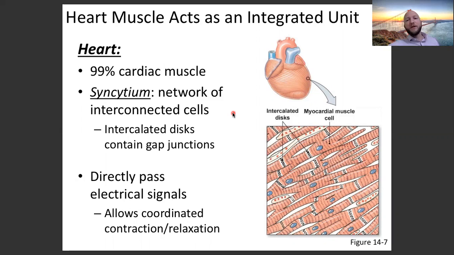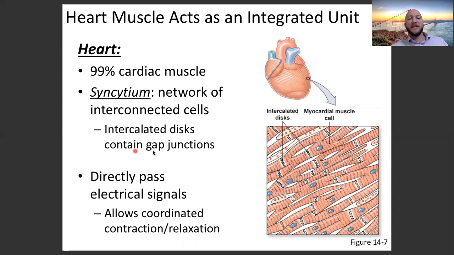So we need our heart. We need the muscles of our heart to work together. We need them to contract in a coordinated manner. The heart has a functional syncytium. It's a network of interconnected cells. When one heart muscle contracts, it passes that connection to the adjacent cells via direct cytoplasmic connections.